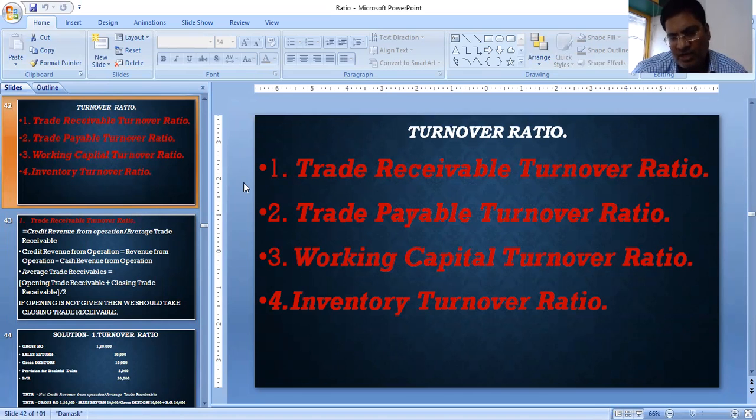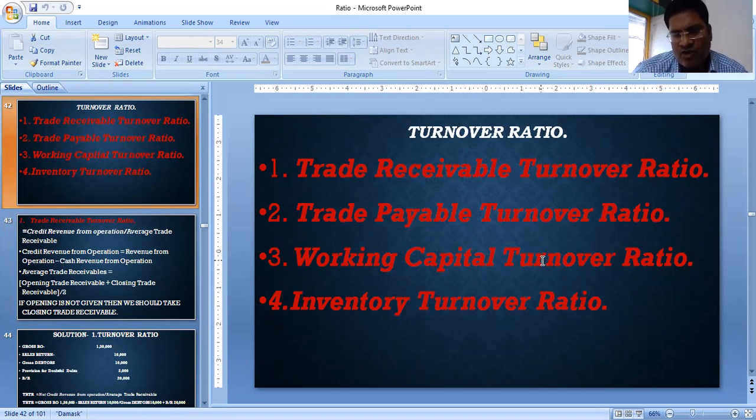Then what will be above? What will be the numerator? For trade receivable turnover ratio, trade receivable means something regarding sales, something regarding debtors. So it is credit sales or credit revenue from operation, because only from credit revenue from operation does trade receivable come, whether it is a debtor or a bills receivable. For trade payable turnover ratio, the numerator will be credit purchase.